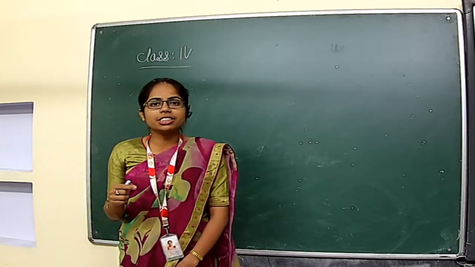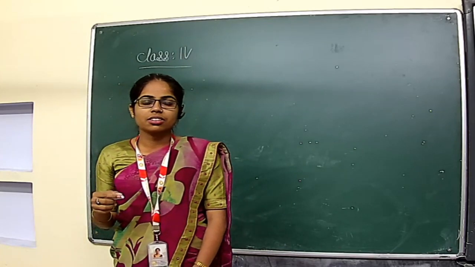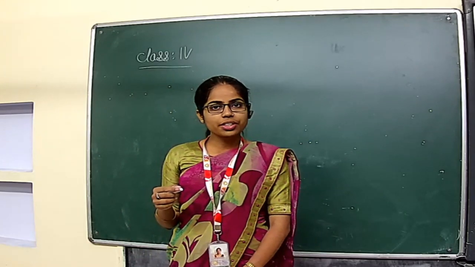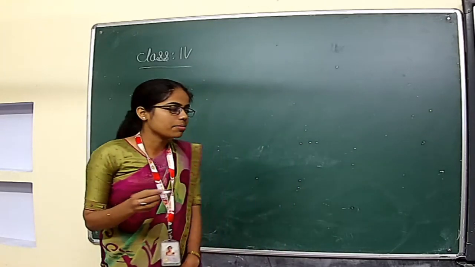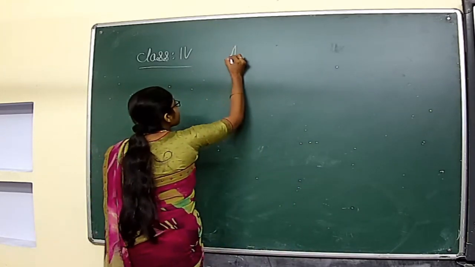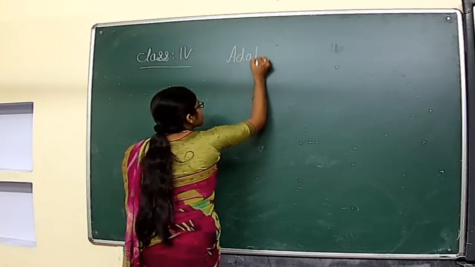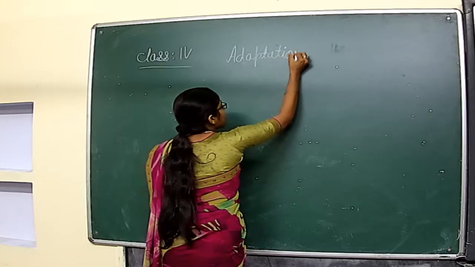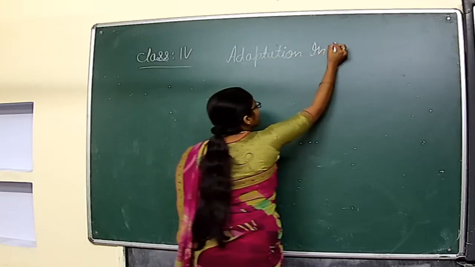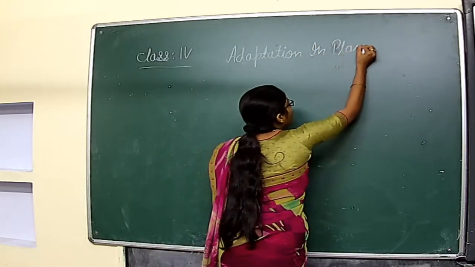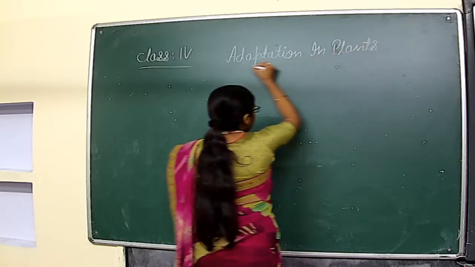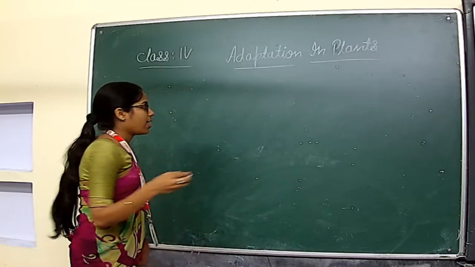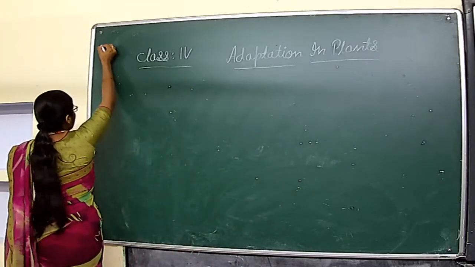Do you remember the name of the chapter which we studied in the last 2 days? The name is adaptation in plants. So now write this topic name, adaptation in plants, in your notebook, and then write the date.